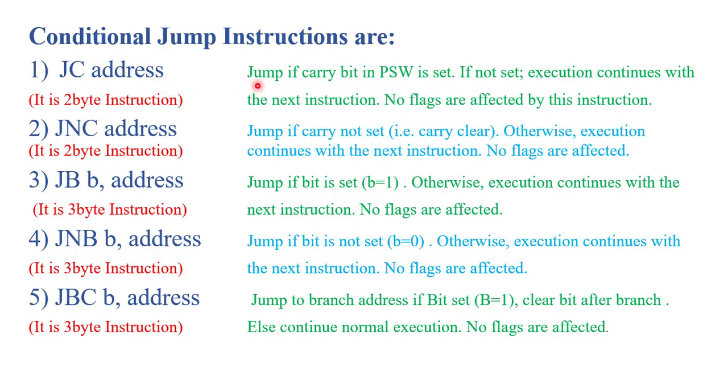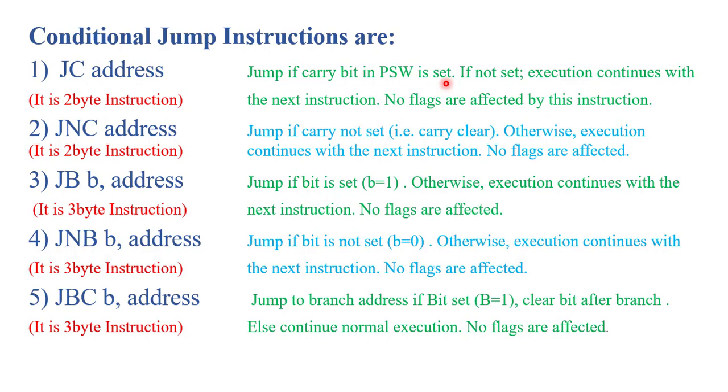This instruction tells the program counter to jump if the carry bit in the PSW flag register is set. It means if the carry bit of the PSW flag register is 1, the program counter jumps to the new memory location, or the program counter is loaded with the new address.